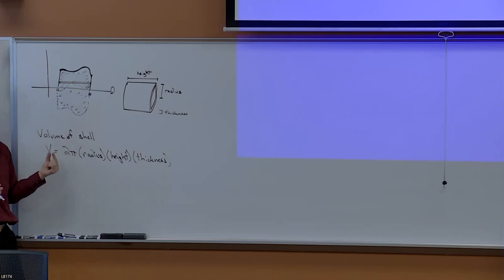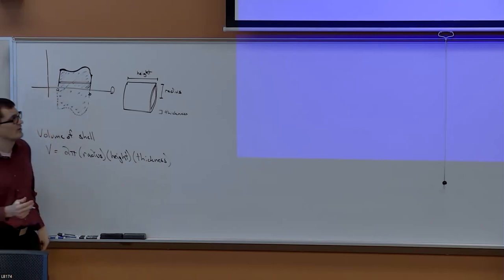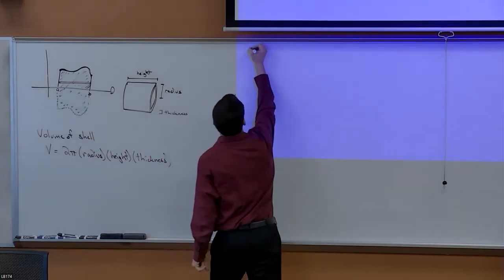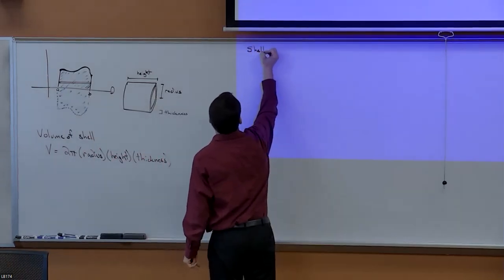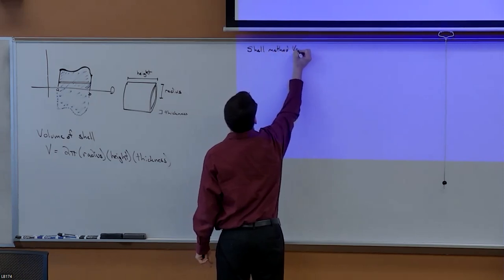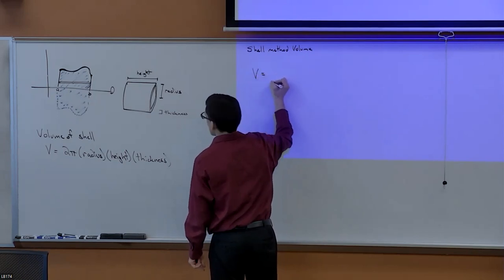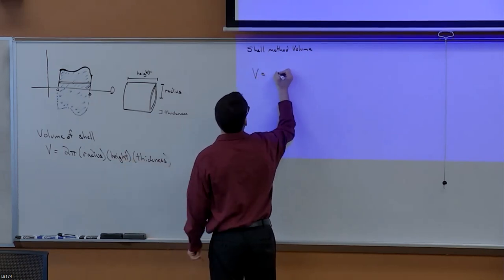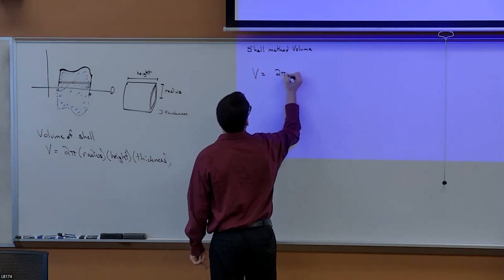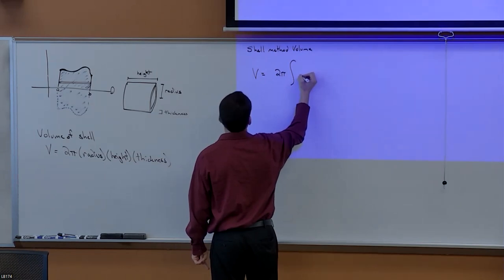And the total volume of the object is going to be 2 pi times the integral of the radius.